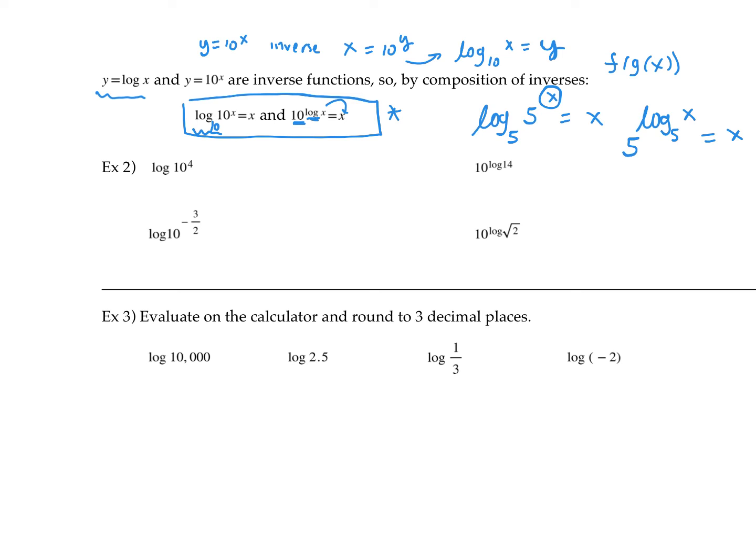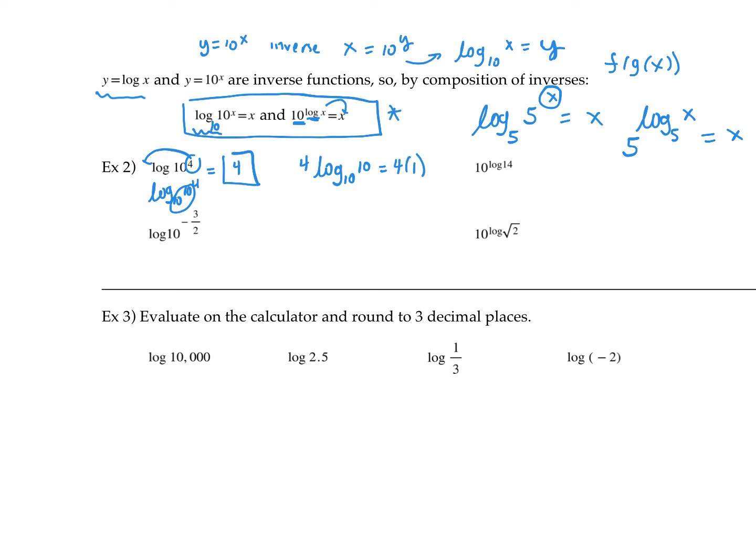The common log of 10 to the 4th is just equal to 4. So it's log base 10 of 10 to the 4th. We have a match for these two numbers, so the answer is the exponent. You could also rewrite it with the 4 out in front and see that it would be 4 log base 10 of 10, or 4 times log base 10 of 10, which is equivalent to 4 times 1, which is just 4.